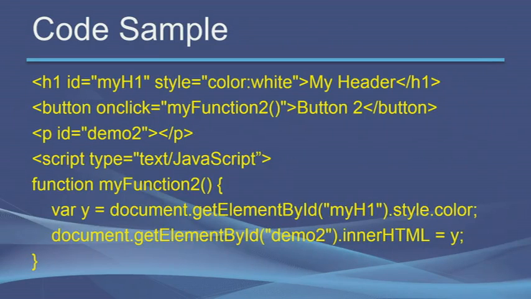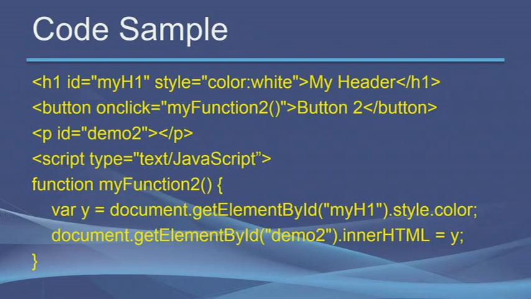To answer the next question, let's look at this particular sample code. Here you have a button 2, and on click of that button 2 it's going to execute the function myFunction 2, which is basically where y is allocated the style and the particular color of my H1.